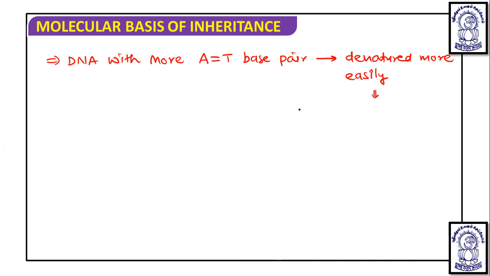So it has low melting areas, means areas which can be denatured at a low temperature easily.